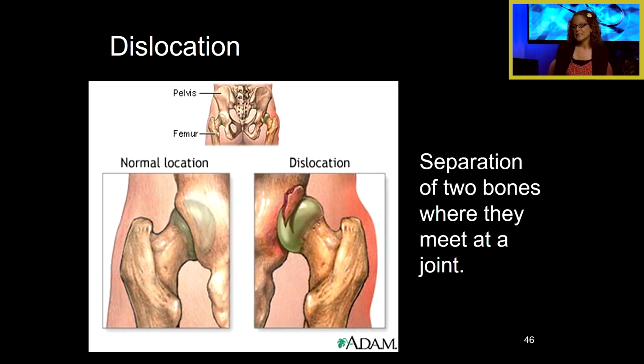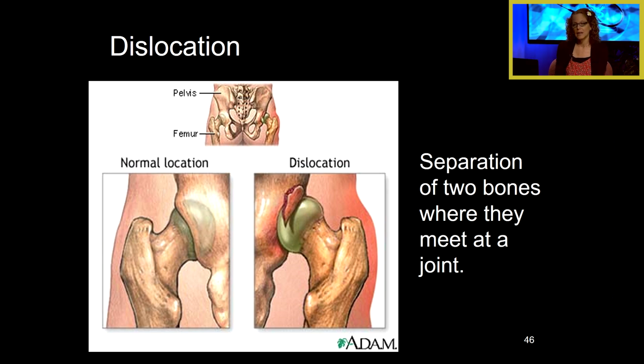So if there is a dislocation, what that means is there's a separation of two bones where they meet at a joint. Here what we're looking at is the hip joint again. On the one side we see a normal hip joint, and on the other side we see where the hip joint has been dislocated.